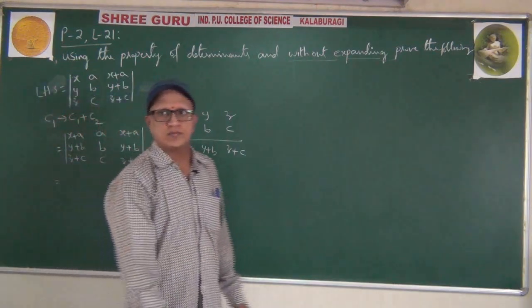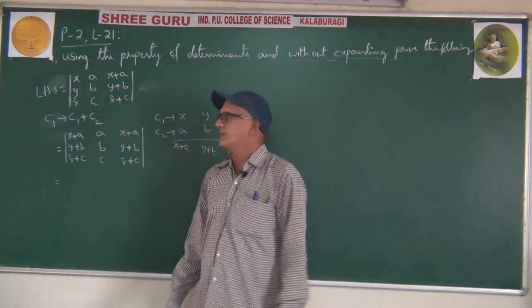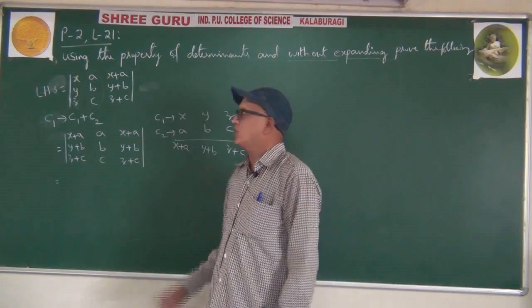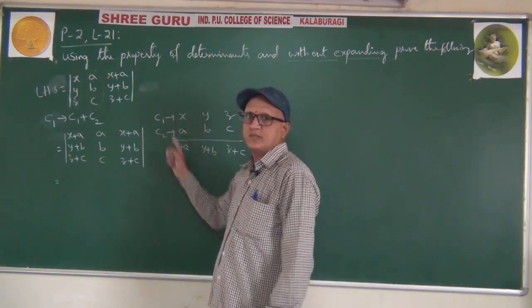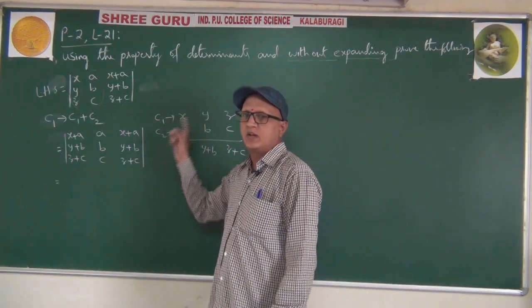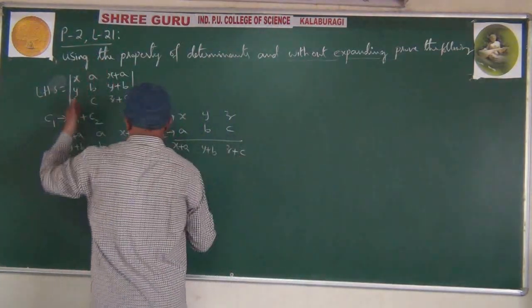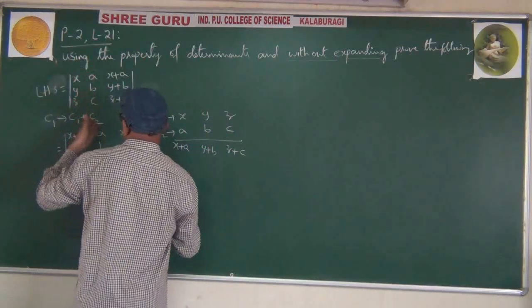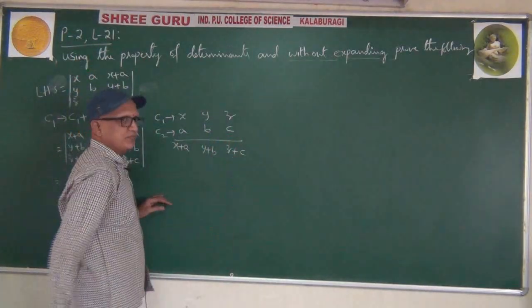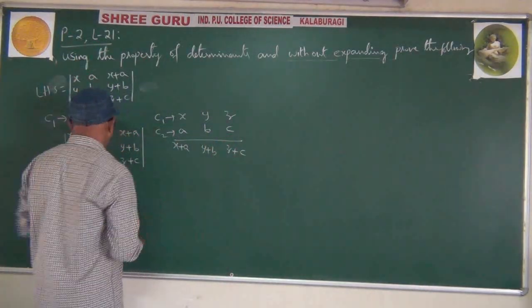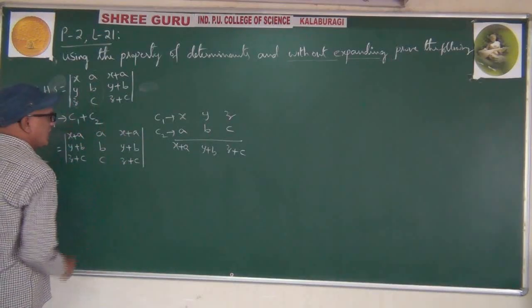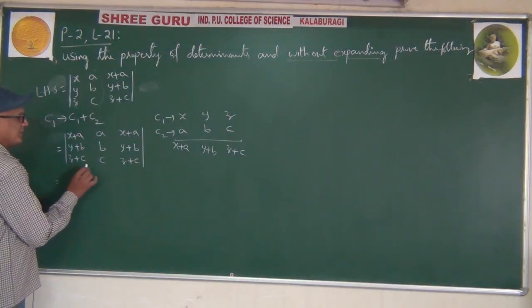Now the elementary operation. In elementary operation, I told you how to write it like this: C1, first column x, y, z; C2, second column a, b, c. Add both. Now observe carefully.